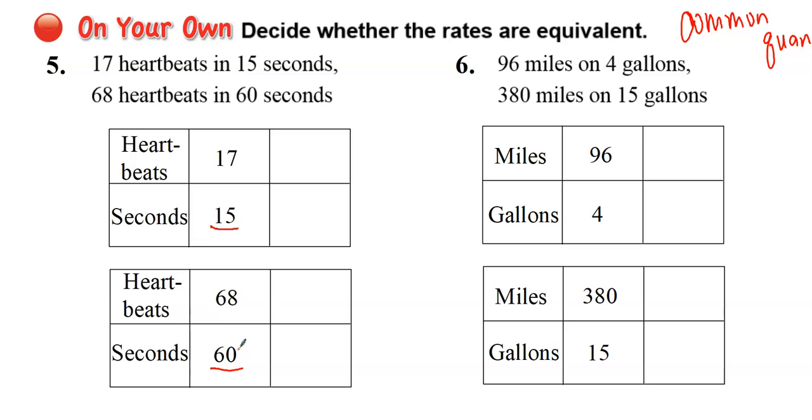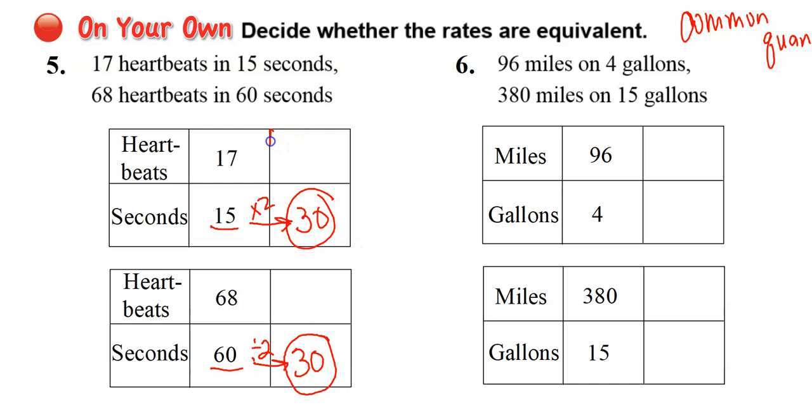What if I multiply this one by 2 to get 30? And in this table, because the tables don't have to be divided the same, I'm going to divide by 2 to get 30. So I'm making 30 my common quantity.